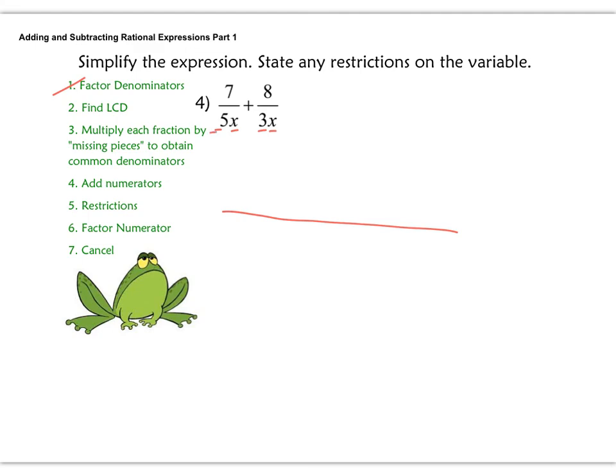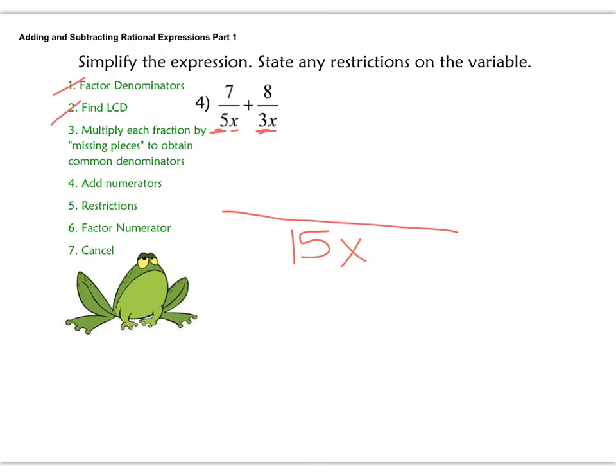Well, 5 and 3, I can multiply both of those to turn them into a 15. And x and x, they both just have one x. So I don't need to change that. That part's already common, right? So I can leave just an x. I don't need to change that to an x squared just because it's already common.